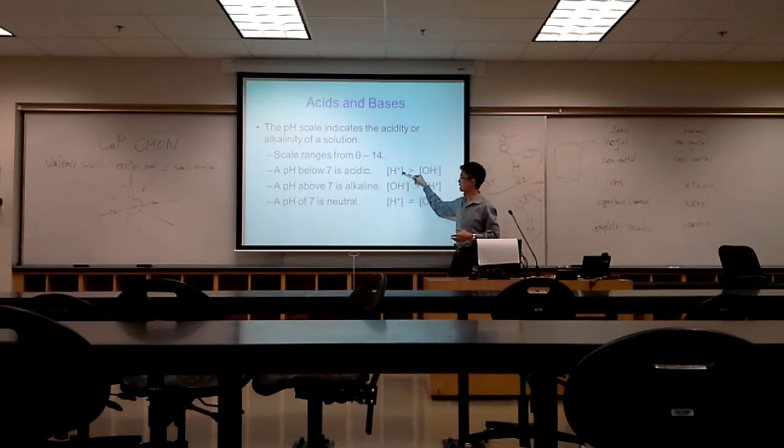The bracket here means concentration, meaning that the concentration of hydrogen ion is larger than the concentration of hydroxide ion, so we have more hydrogen ion than hydroxide ion. If pH is 7, that means it's neutral, meaning that we have an equal concentration of hydrogen ion and hydroxide ion.